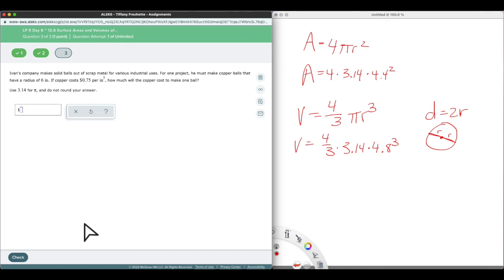All right, so we need to know the volume of making one of these objects, right? We need to know the total volume. And once I know the volume, how many cubic inches I'm using to make one ball, then I can multiply that by 75 cents because each one of those cubic inches costs me 75 cents.